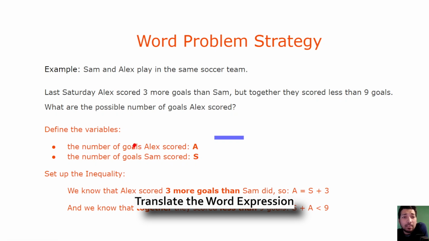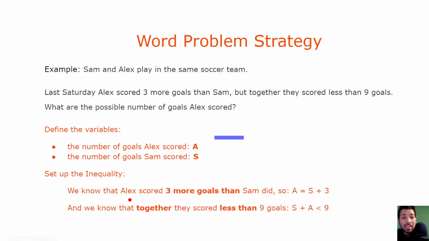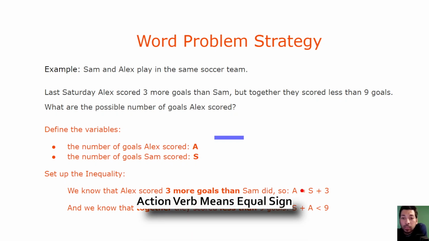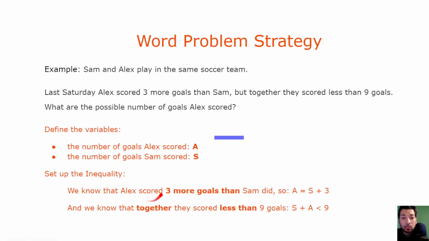The first statement says Alex scored 3 more goals than Sam. Alex is A. Scored is an action verb, and any action verb in the problem represents an equal sign, so we replace the word scored with an equal sign. Three more means plus 3, and we add it to Sam, since it says 3 more goals than Sam.